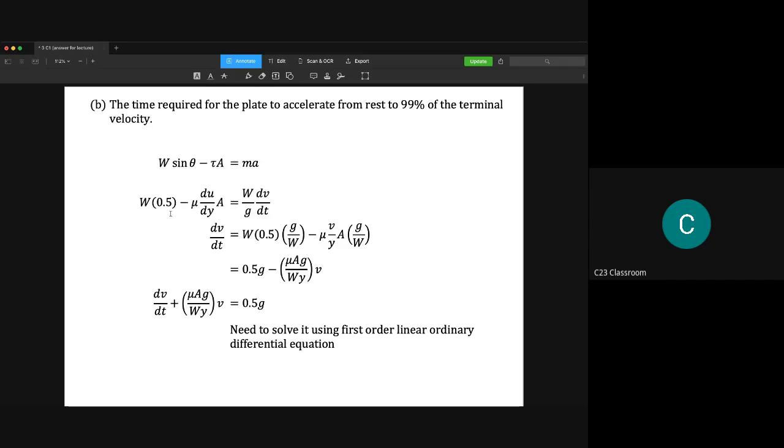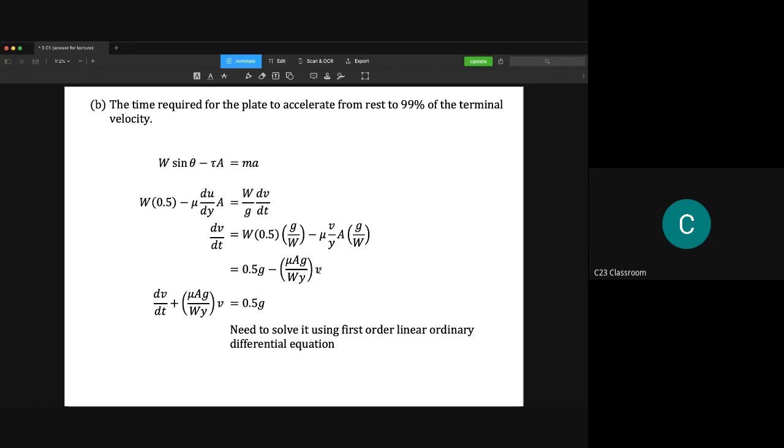So we could have, for example, weight times 0.5 times gravity over weight, and then we have this one times gravity over weight like this, and then we could simplify this term. And then we found that we have dv dt on our left hand side, and we also have v on the right hand side.